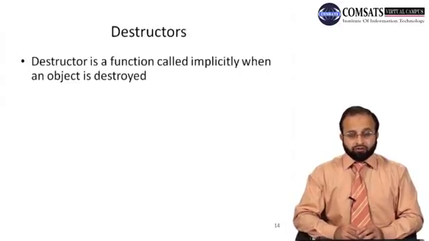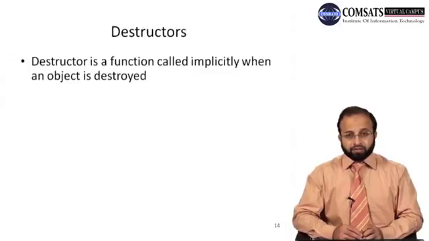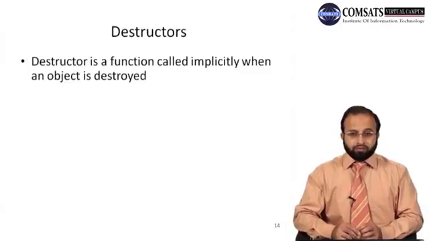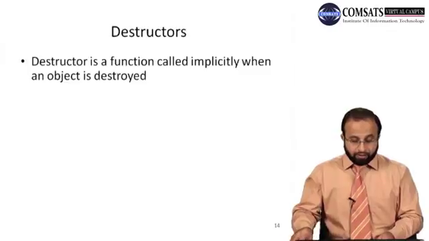So what does destroy mean? Destroy means that the memory allocated for that object will be taken back by the operating system or by the program, and the object is free now. This means that the object is destroyed. It is no more a living entity, we can say.